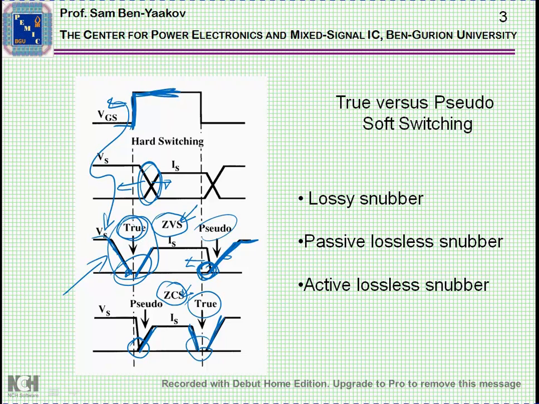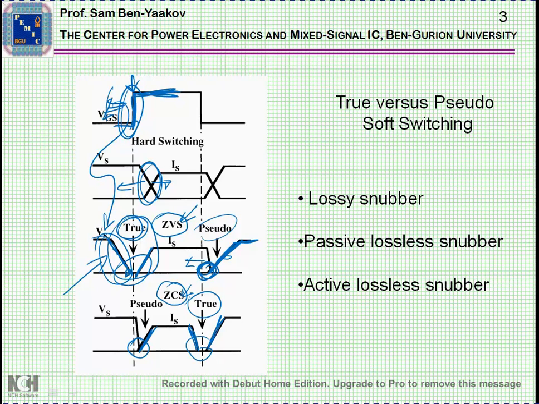Obviously the circuit itself couldn't do this because it doesn't know that something is going to happen here and foresee it. So you need an extra circuit that will lower the voltage before this gate voltage goes up. The same thing goes for zero current switching. Now for the pseudo current or voltage switching, we can actually use the circuit itself with some extra components.